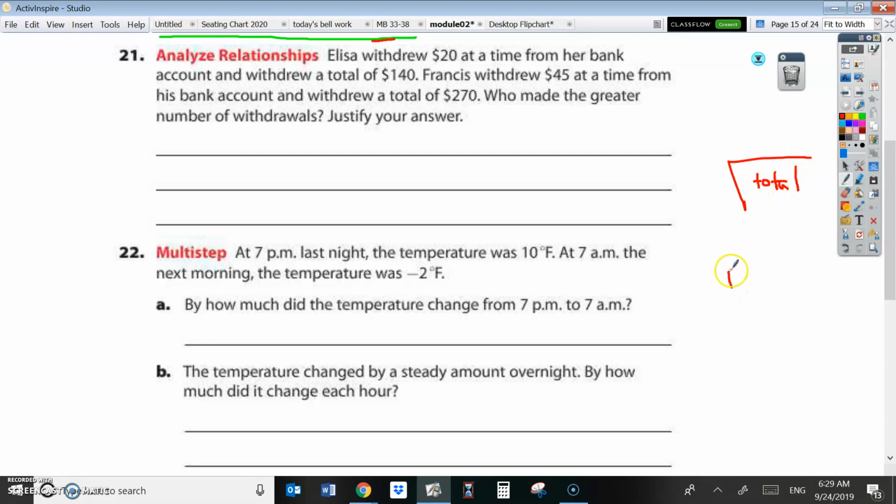Okay, so the 140 needs to go in here, and you know that it's negative. Negative 140. So $20 is the divisor, but it's also negative. Okay, so this side is Elisa here.